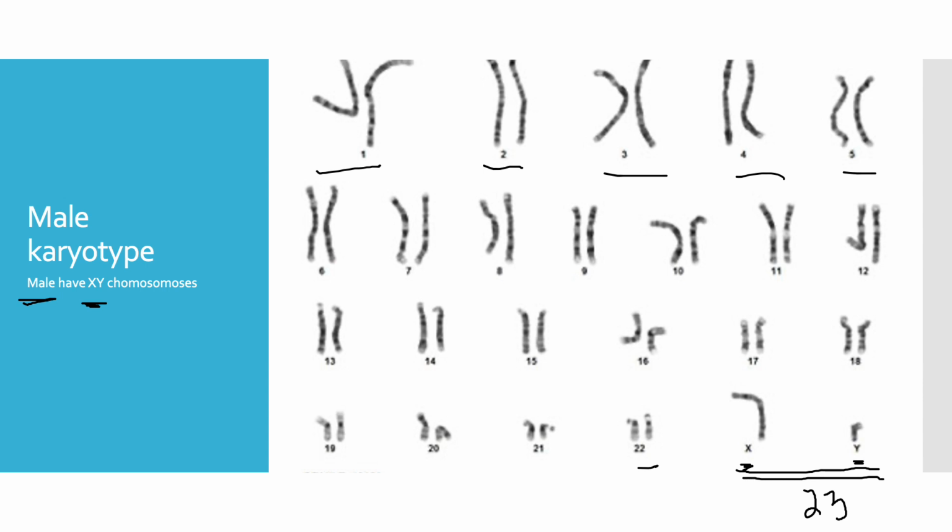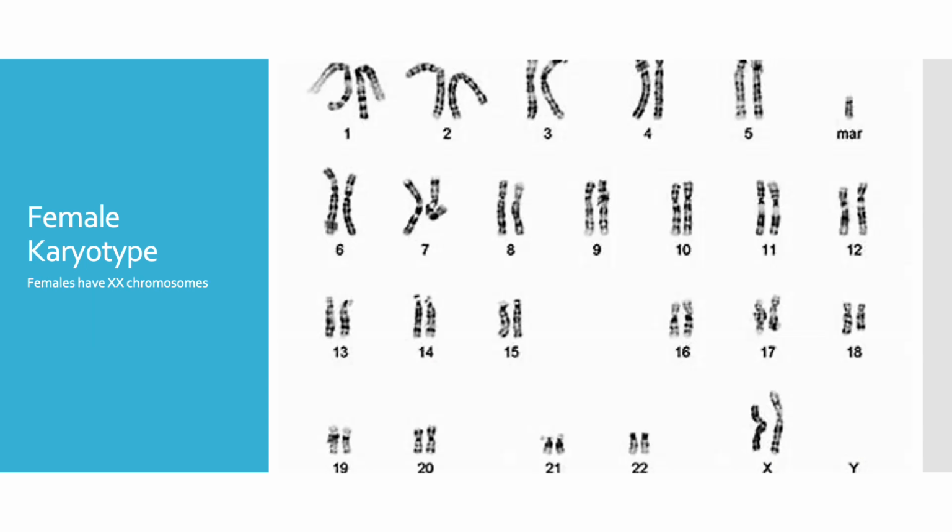For a female, this karyotype represents a female. Again, you've got your 22 pairs of chromosomes, and then this last pair, this is the 23rd pair. In this case, we have 2 X chromosomes. 2 X chromosomes represent a female.